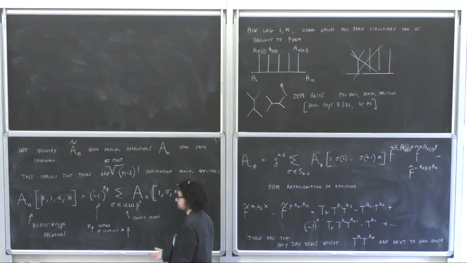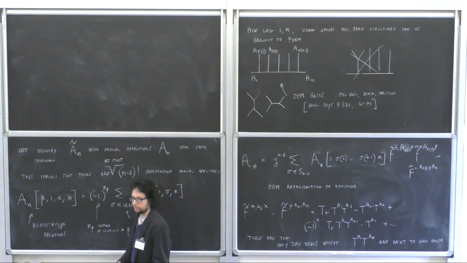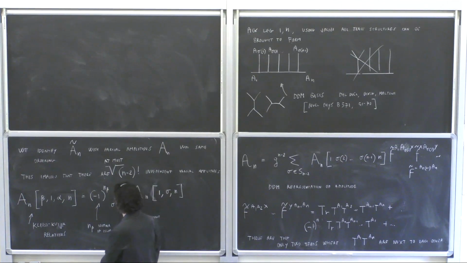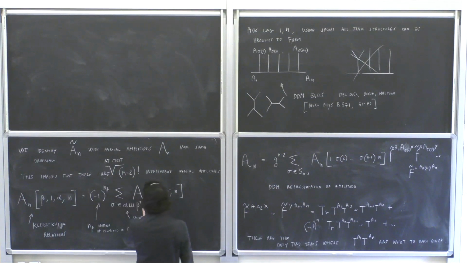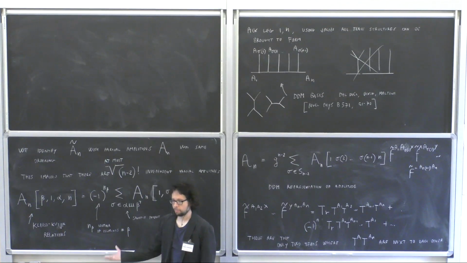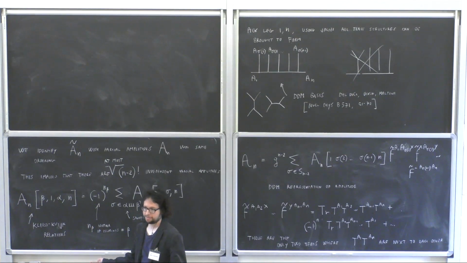In that case, beta and alpha would play complementary roles. But here there is an intrinsic difference between alpha and beta: beta gets flipped in terms of ordering. So this is how I understand this sign, and this is consistent with the reflection identity, as you can check. I hope you are a little bit less bothered with that.